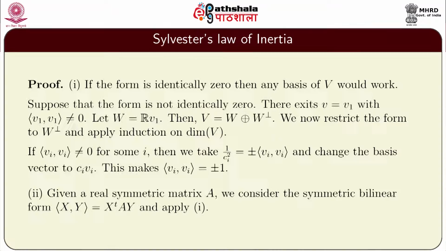Let us now see how to prove this theorem. Proof of part 1. If the form is identically 0, then any basis of V would work. So, let us assume that the form is not identically 0. Then there exists V, let us call it V1, such that inner product ⟨V1, V1⟩ is not 0. And let W denote the span of the vector V1.